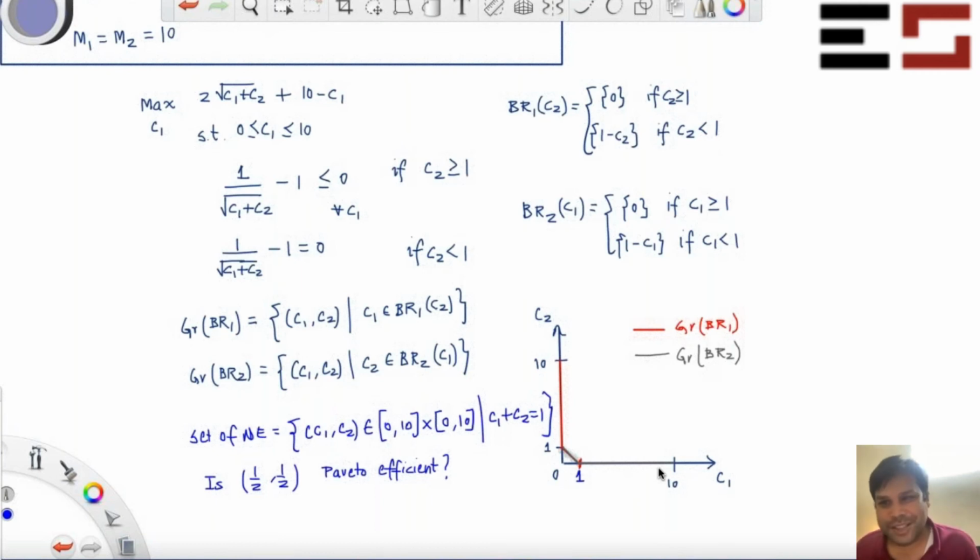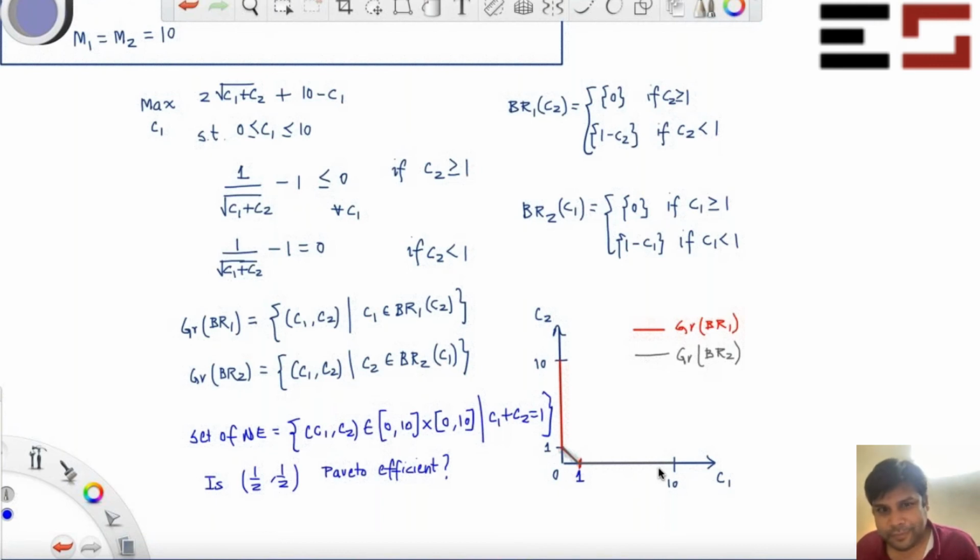Can they choose differently, maybe not in an equilibrium sense? As long as it's feasible, it's fine. Can they choose their actions differently in such a way that you raise the satisfaction level of one without reducing the satisfaction level of the other?